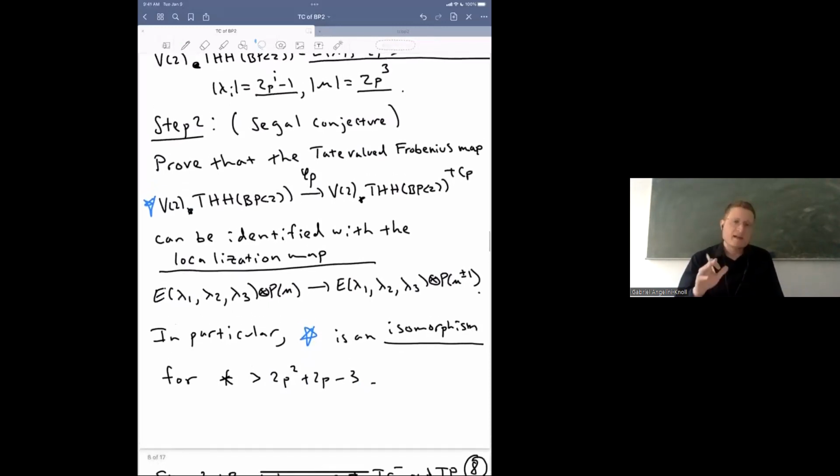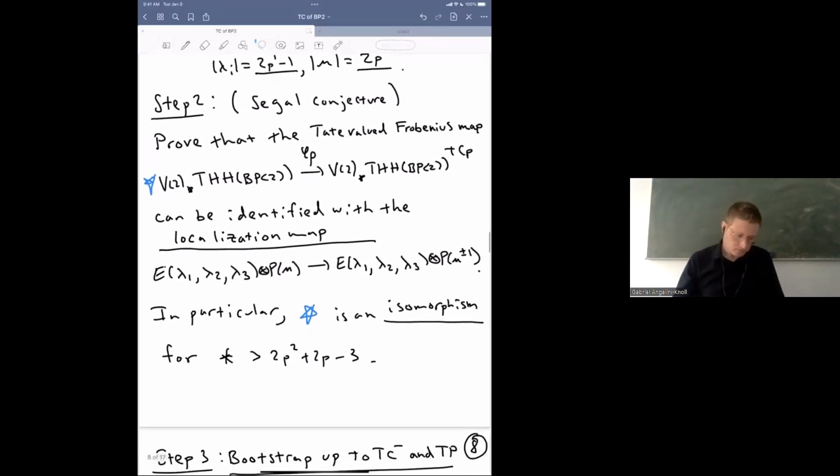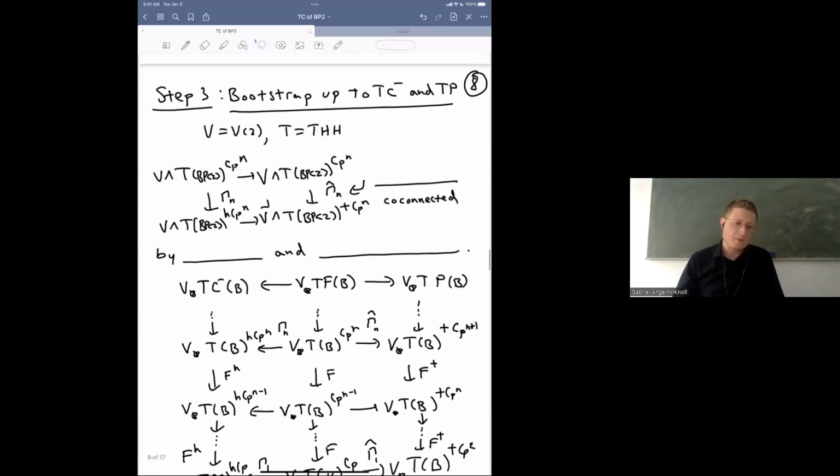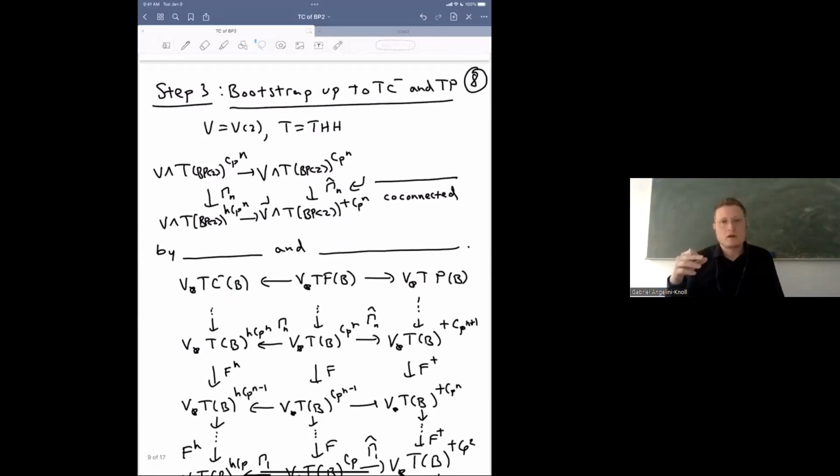My plan is to talk about this step 2 in a bit more detail at the end, as long as there is time. But once you have step 2, you bootstrap up from THH and the C_p Tate construction to topological negative cyclic homology and TP. I think I had a definition of this before, but let me include it again.